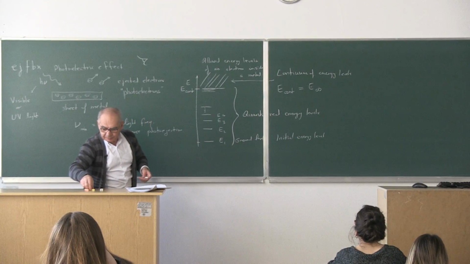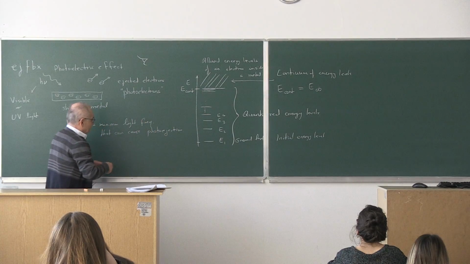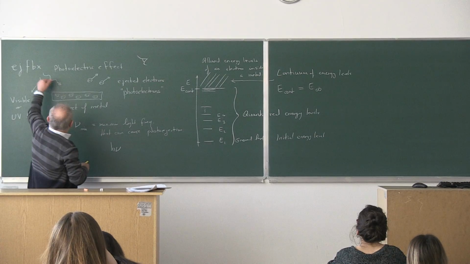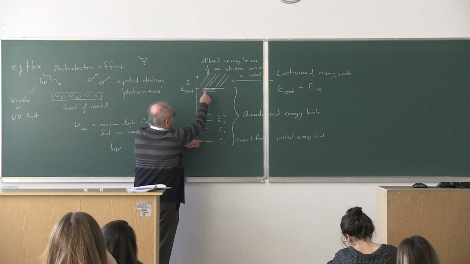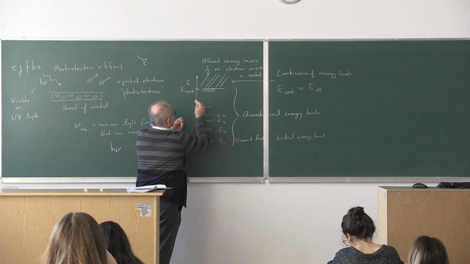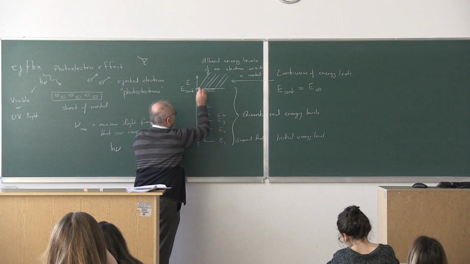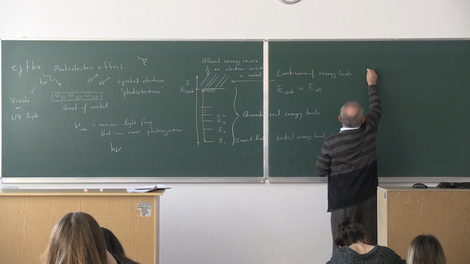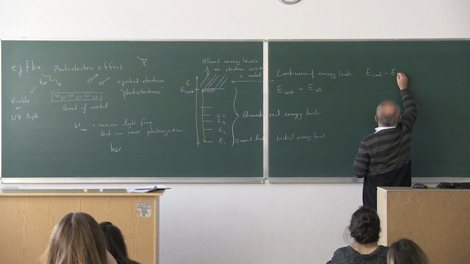So let us say that if the photon energy, which is h times frequency of this light, is larger than this difference. First, let us write this one. This is E continuum minus ground energy level.